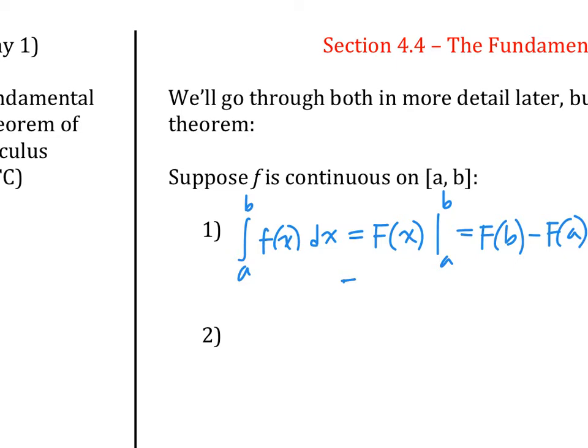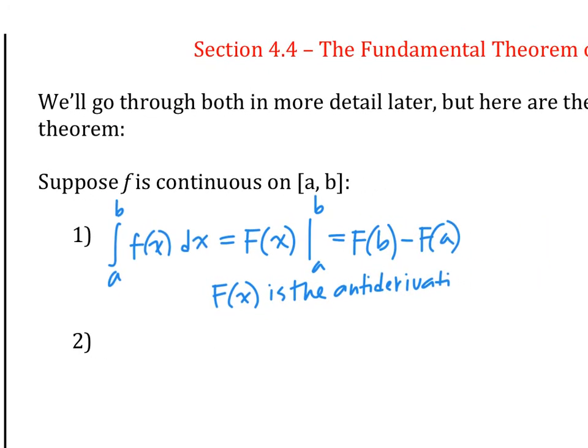And then F of x is the antiderivative of the little f of x. So, like I said, don't worry about what this means. I will explain this in detail. Just copy it down for now.